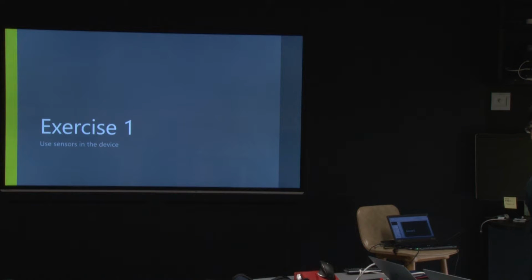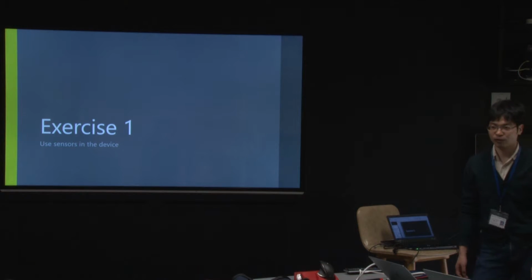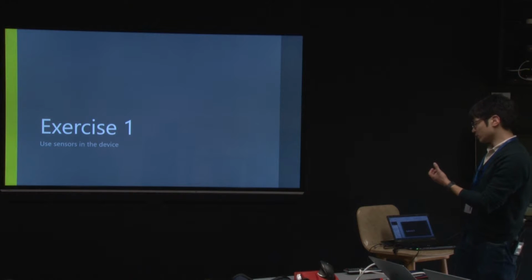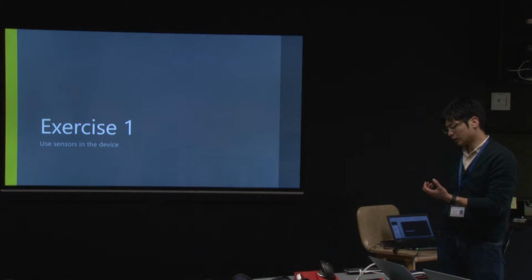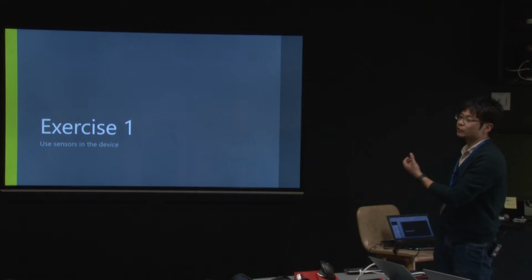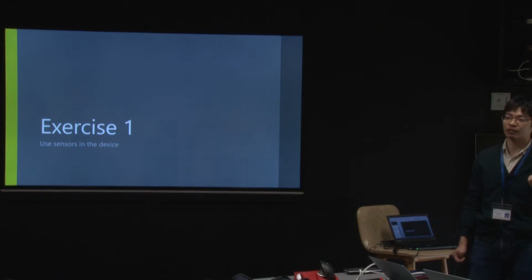Okay, I will explain. Do you play Pokemon Go or some games? In Pokemon Go, you need GPS, or you need to use the device orientation to search for the Pokemon in AR mode.